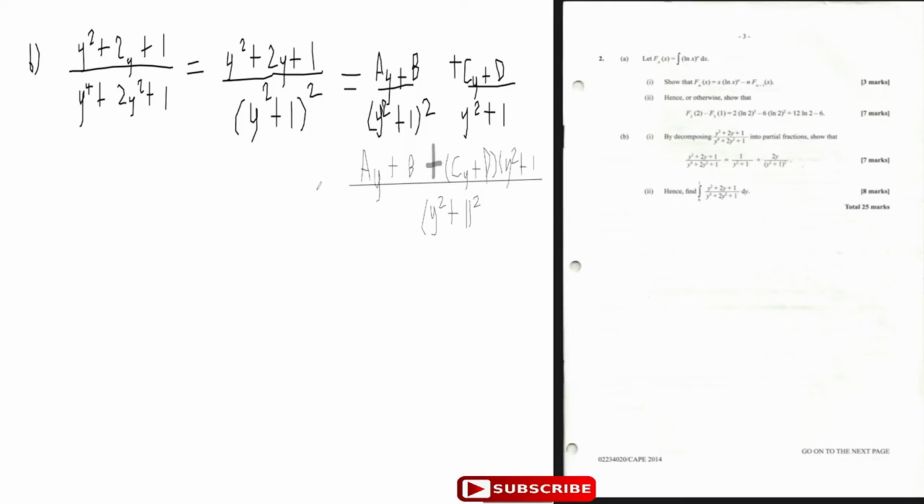And all of this is, of course, equal to y squared plus 2y plus 1 over y to the 4 plus 2y squared plus 1.